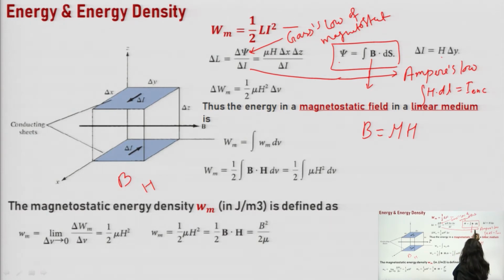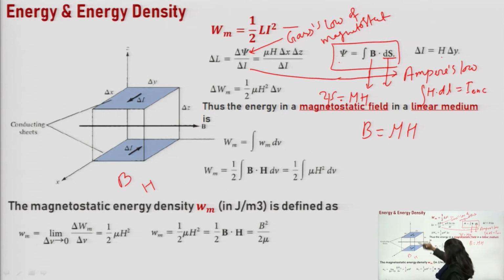So phi can be written as mu H. In place of B we can write mu H. In place of ds we can write dx dz. Why?